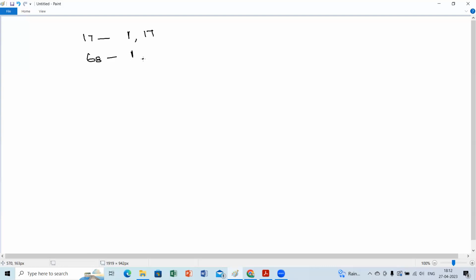Check whether it comes in the 17 table or not. 17 fours are how much? 17 fours are 68. Multiply and let me know. I'll give punishment if you say it wrong.